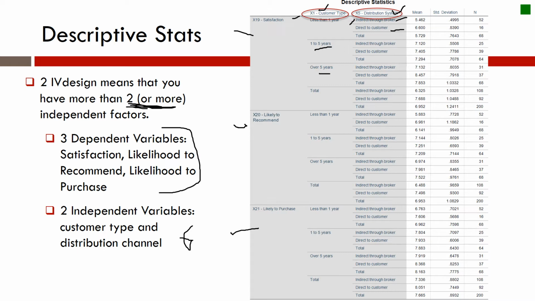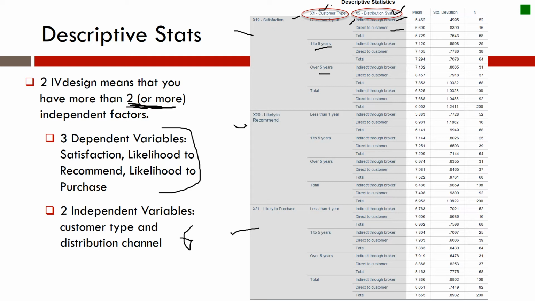So the question then is, is there a significant difference between any of these 6 groups across these 3 metric variables? It's really interesting how we do this, because you could have an interaction effect between these 2 variables, x1 and x5.